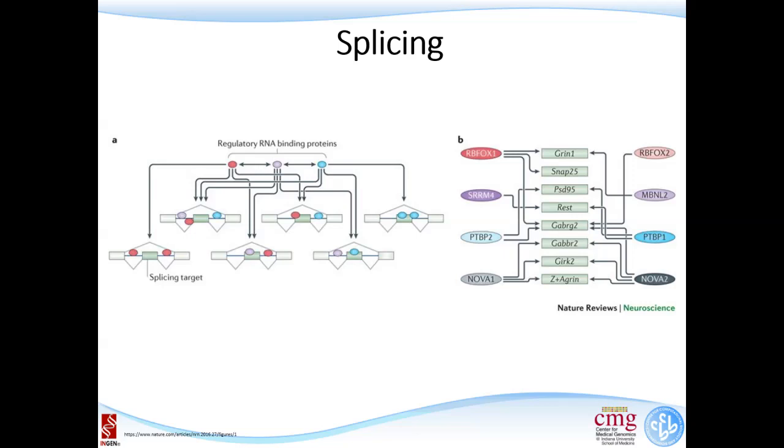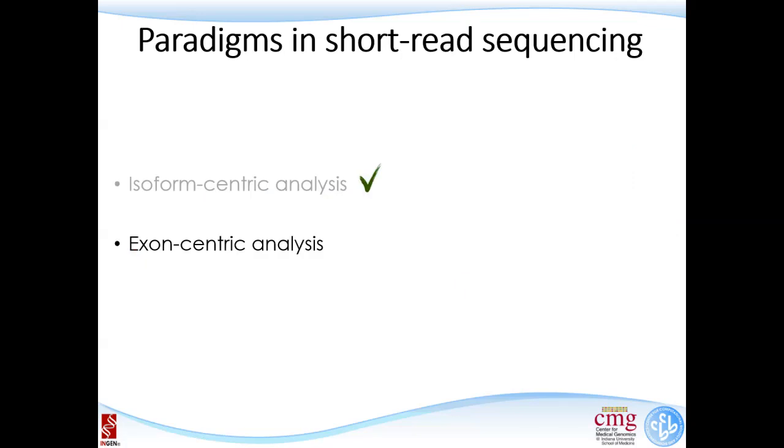And then, like I mentioned, the context is basically, if you have a splicing factor in front of an exon, it may enhance splicing. And if you have a different splicing factor in front of that same exon, it may inhibit splicing. So it's all a very complicated network, and these things all work together to make it particularly frustrating to understand.